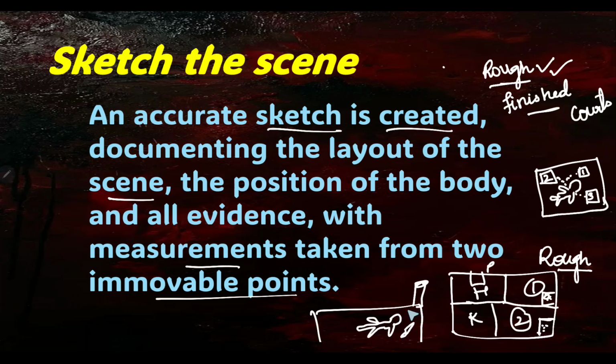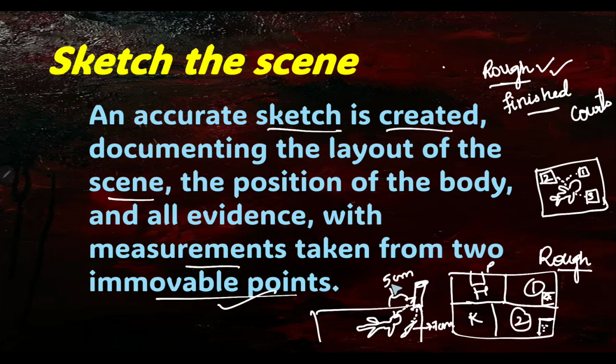They will take the measurement from the wall to the body, and from here to near the dead body. Whatever the distance is, let us take 5 centimeters here and around 7 centimeters there. So the measurements are taken from immovable points.